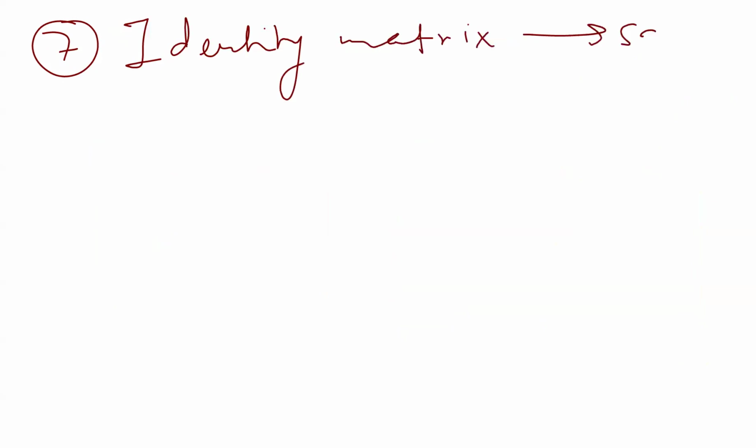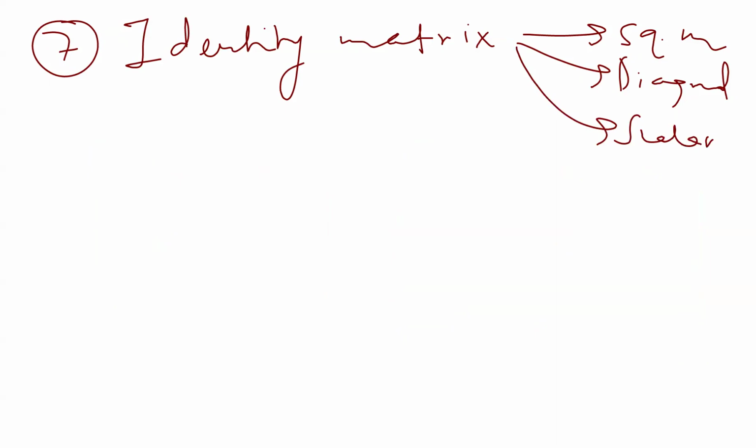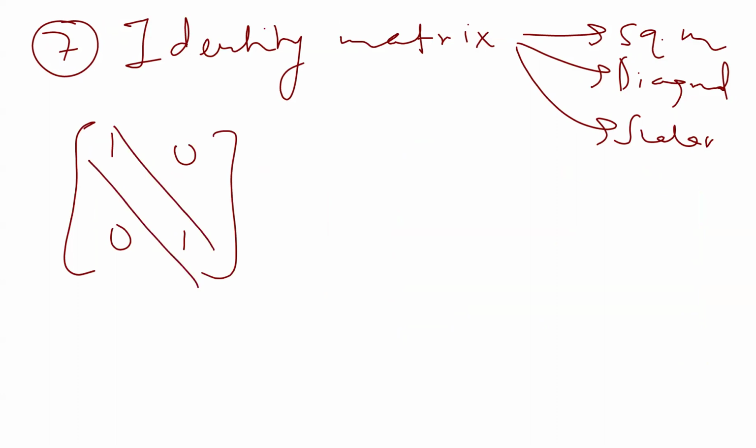Seventh one, identity matrix. It's a square matrix. It's a diagonal matrix. It's a scalar matrix. All three. But then the diagonal element is compulsorily one.